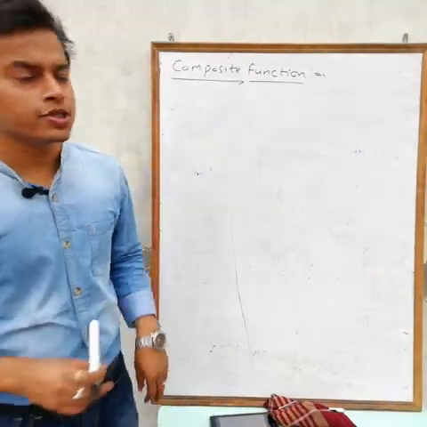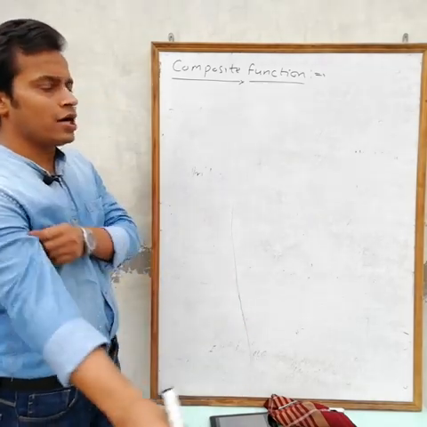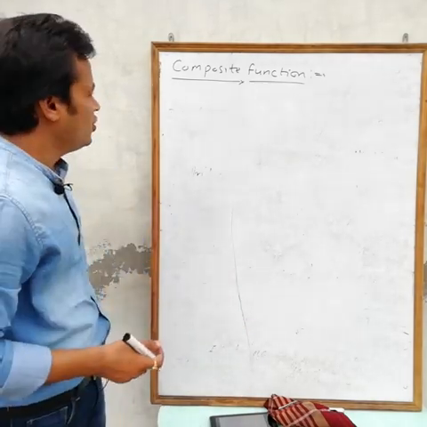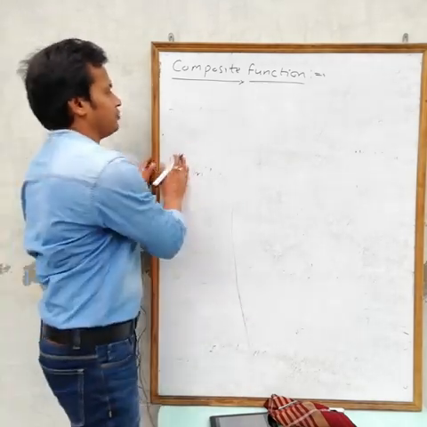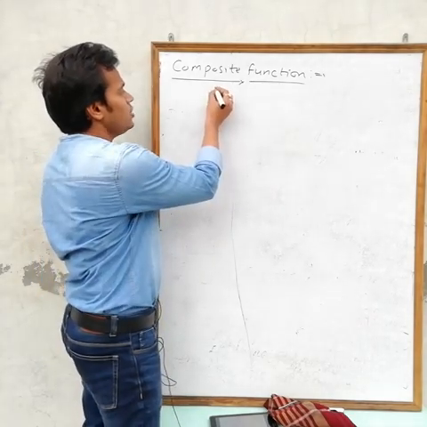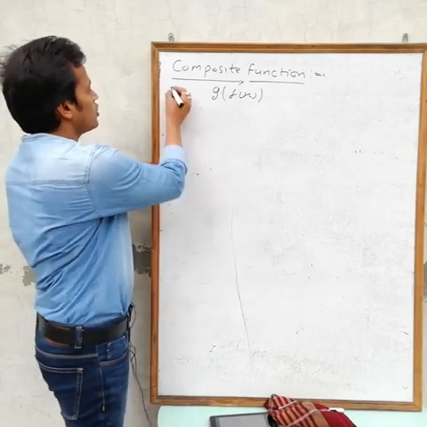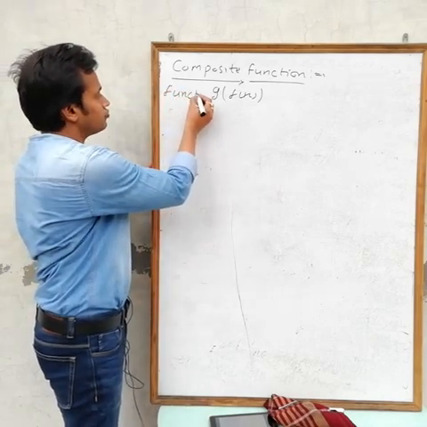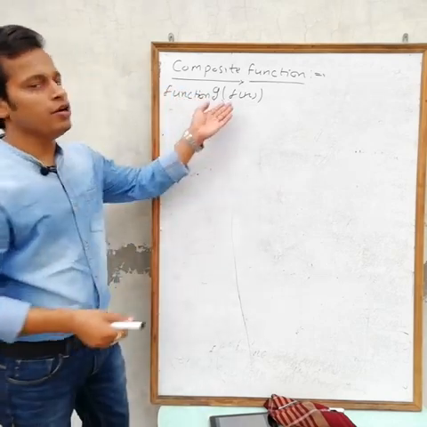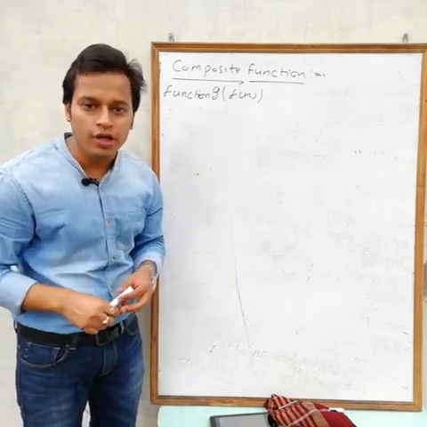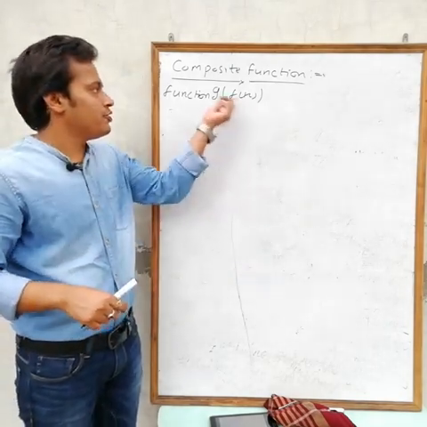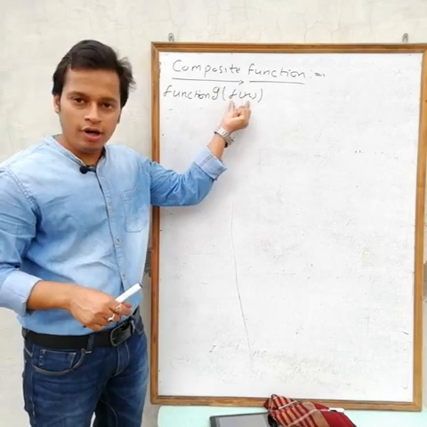Okay, next topic is composite function, and this is also known as function of a function. Okay, simple. Actually, see, g of f(x) is said to be a composite function. This is the composite function, function of a function.